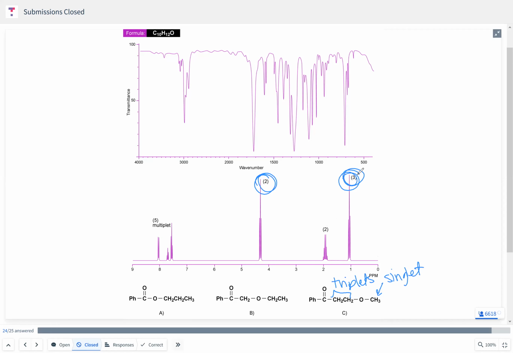So this tells us that if there's an integral of 3 for this triplet, this is a CH3 group next door to 2 hydrogens. This group here is a CH2 group that only has 2 neighbors. So that tells me that we have a CH2 group with something else over here that we don't know, something else over here that we don't know. So that definitely discredits this structure.